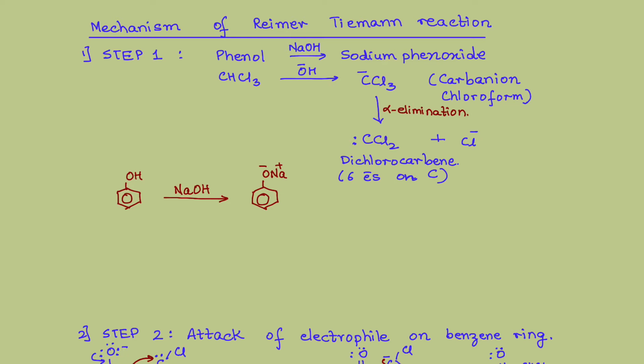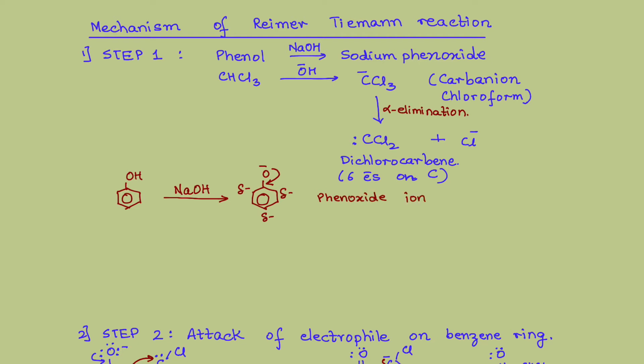Now this sodium phenoxide is actually phenoxide ion and sodium ion. What does the phenoxide ion do? Yes, it releases the electrons towards the benzene ring. And what did we say? That these electrons are released at the ortho and the para positions. Now my phenoxide ion becomes electron rich.